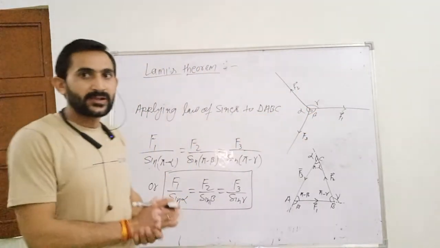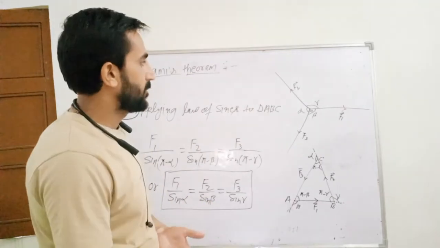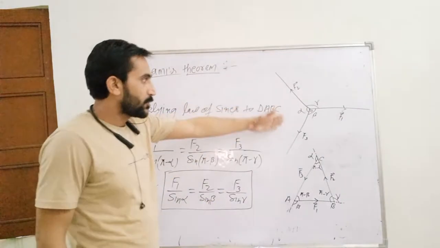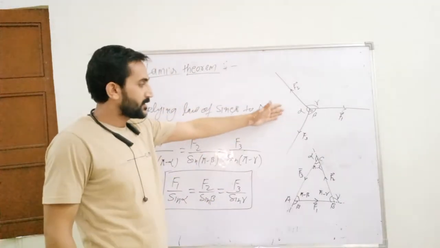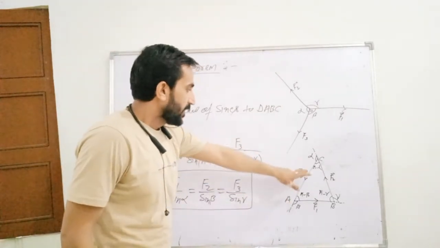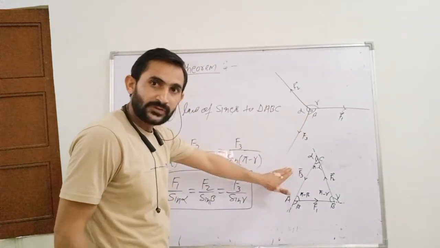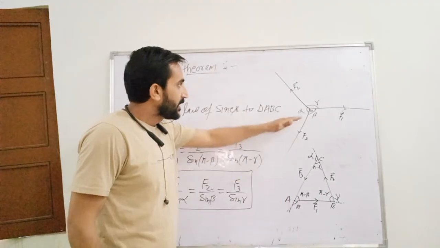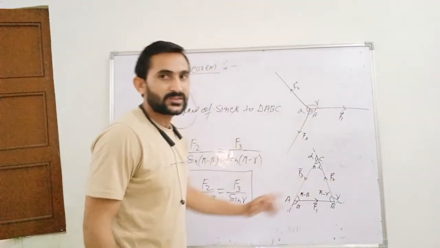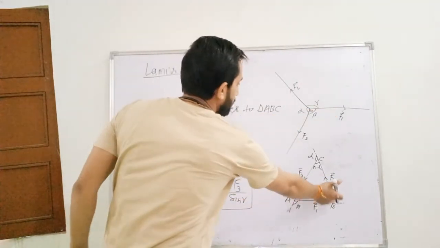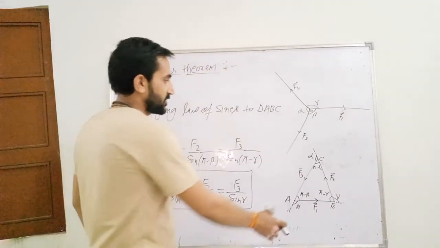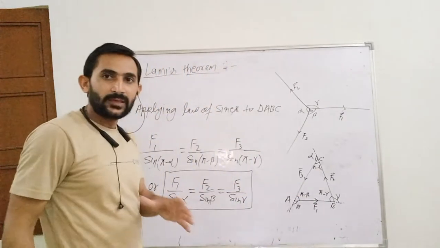There are three angles here, alpha, beta and gamma separately. Now we can draw this by the vector triangle addition law. It makes a triangle ABC.